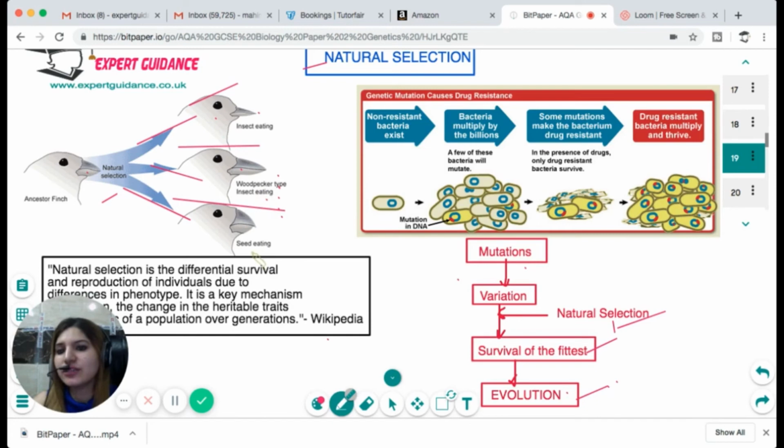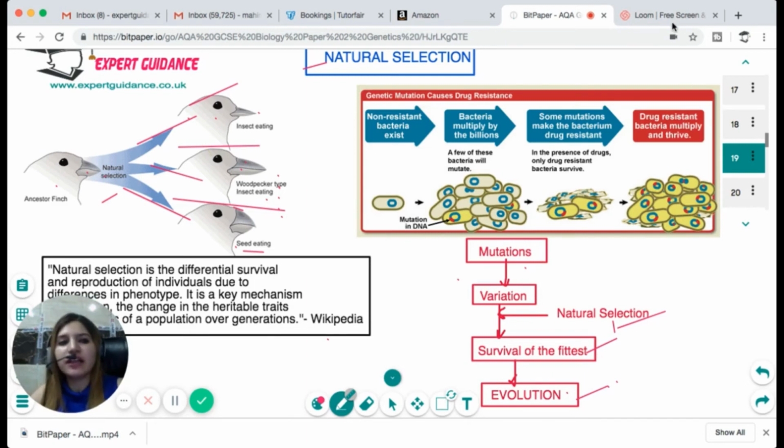And the third was seed eating. The one that has to take seeds has a little brown, thick beak, whereas the other two have very sharp beaks. And that is different from the ancestral finch. Why is that? Because all these 3 were exposed to different environments, they had different natural selection pressures. The one that has the characters to fit that survived, reproduced, passed the trait to the next generation, and now we have the different evolved versions of the finches.